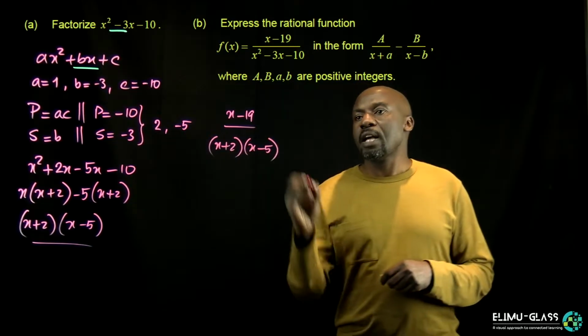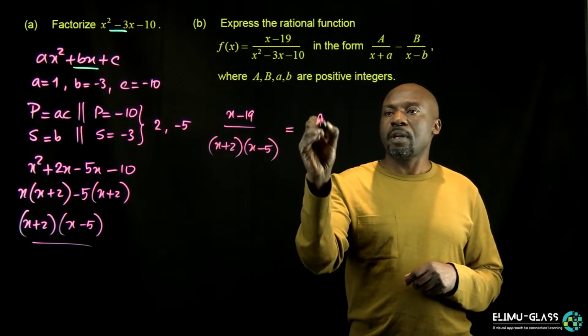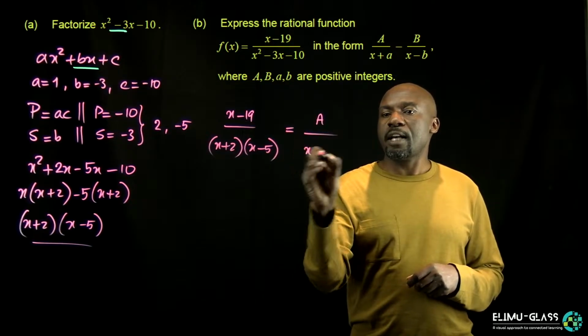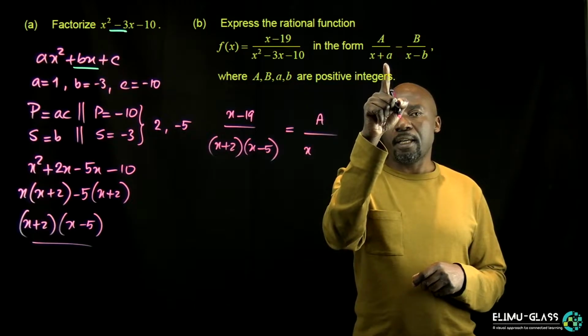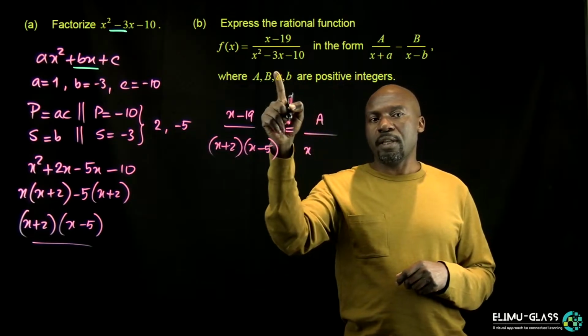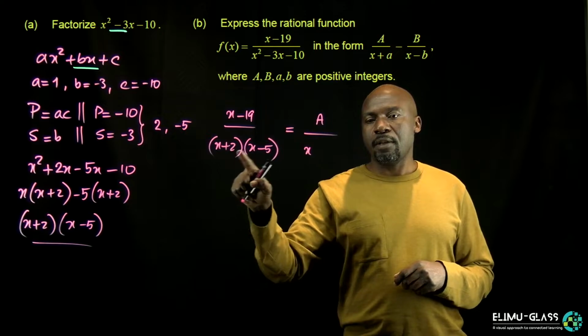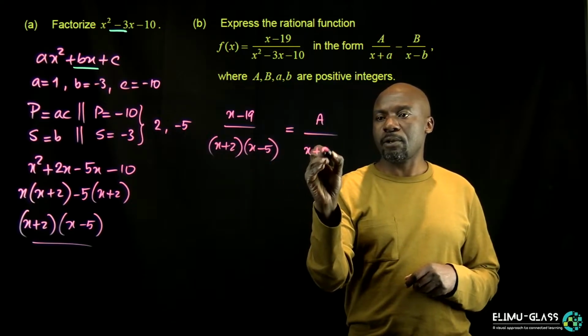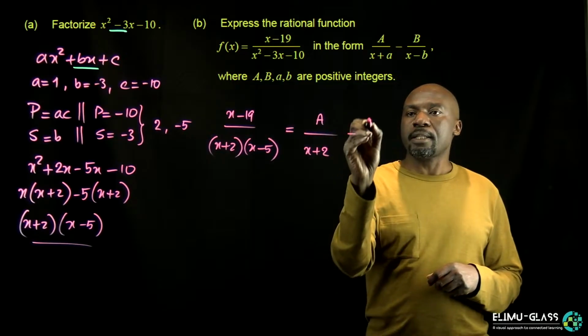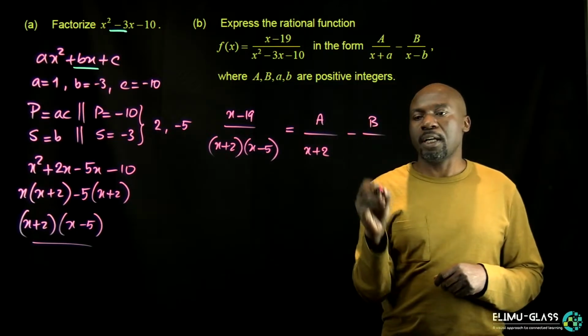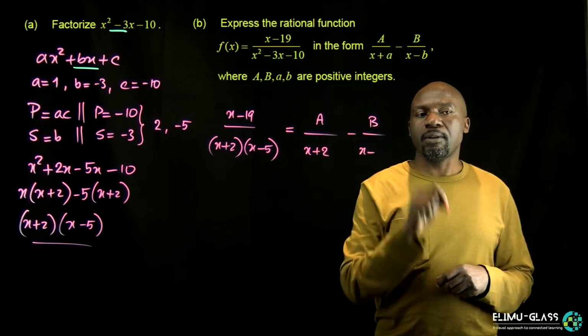That's what we have. And this must be equal to A over x plus a, small letter a. If we compare that with what we have on this side, this should be plus 2. So the lowercase a is positive 2, minus uppercase B over x minus lowercase b.